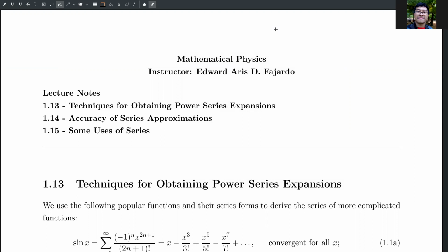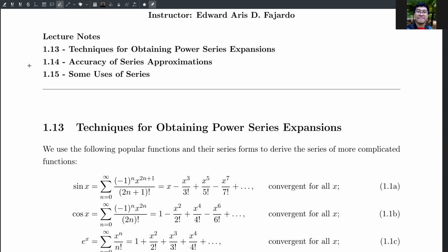Let us talk about techniques for obtaining power series expansions, accuracy of series approximations, and also some uses of series. We can combine different techniques in order to get power series for different functions.